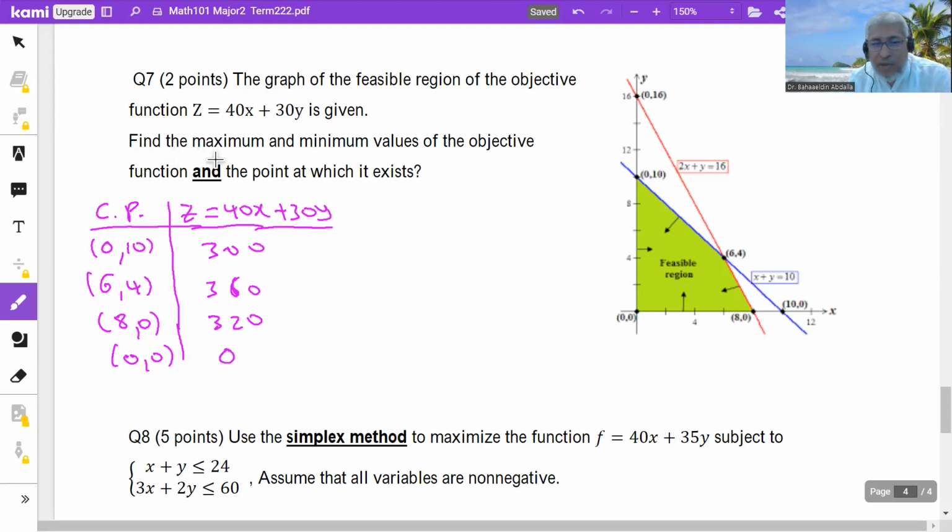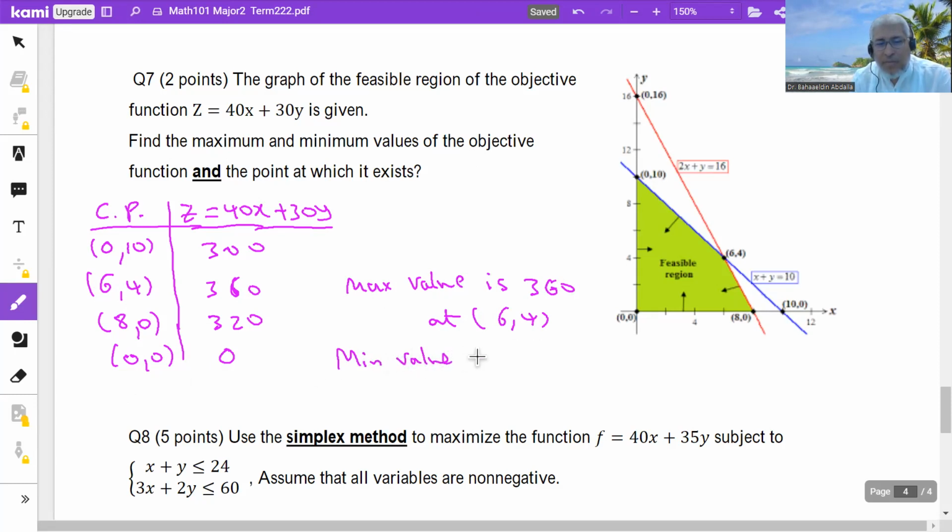So now, what is the maximum value of z? Well, the maximum value of z is 360, at the point (6, 4). What about the minimum value of z?